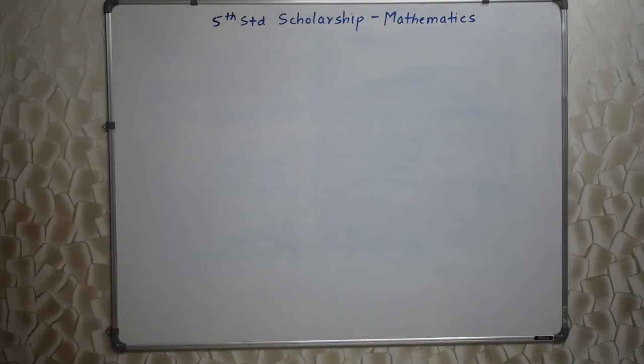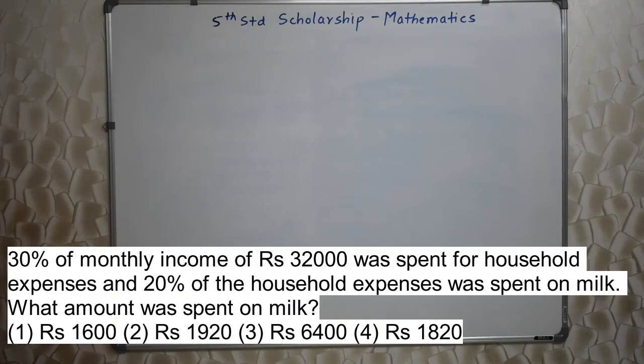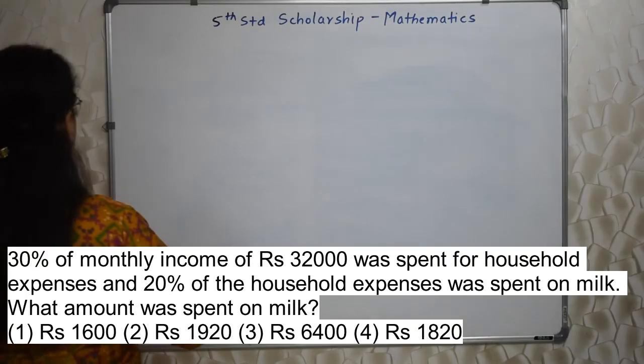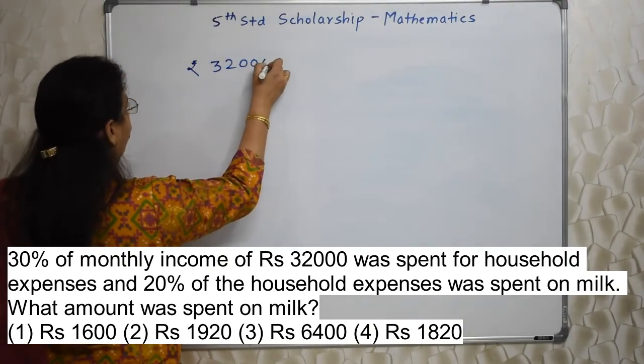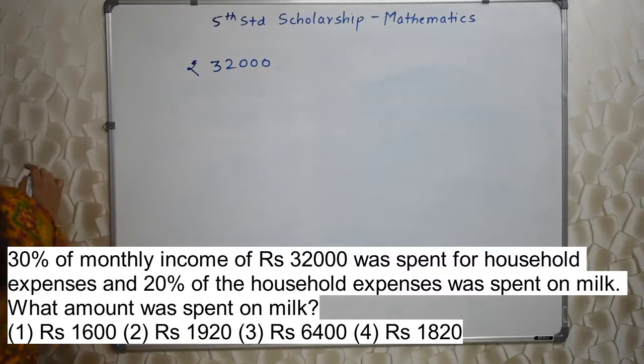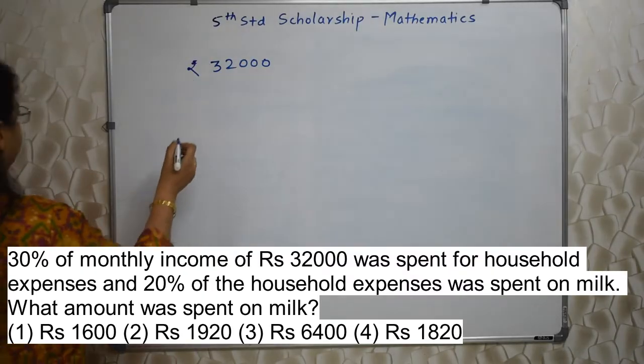Students, the next sum will appear on your screen. 30% of monthly income of rupees 32,000 was spent for household expenses and 20% of the household expenses was spent on milk. What amount was spent on milk? Okay, how much is the total income? Rupees 32,000. From this income, 30%.